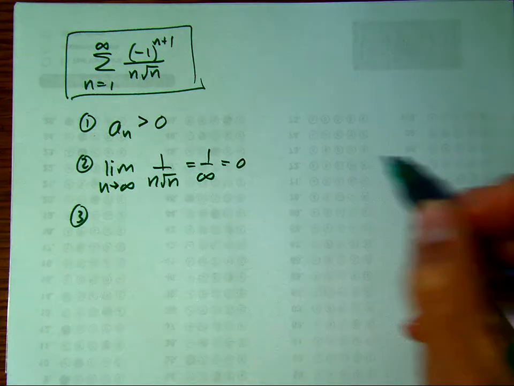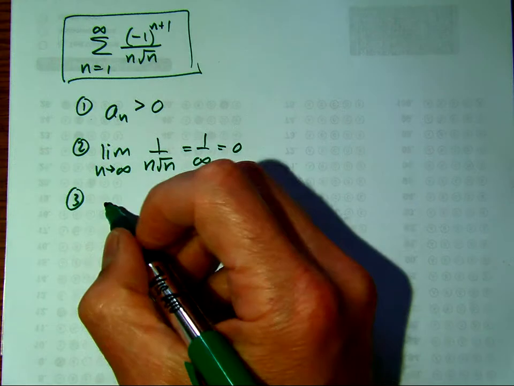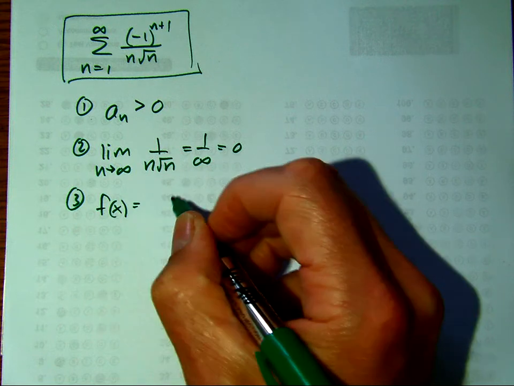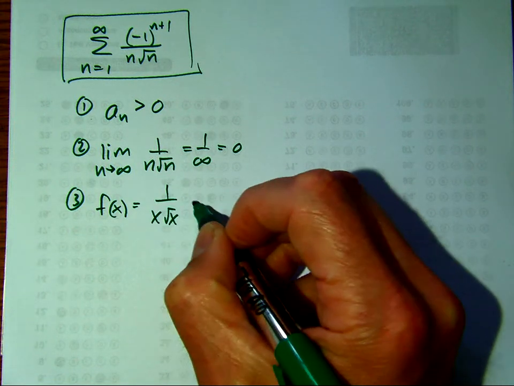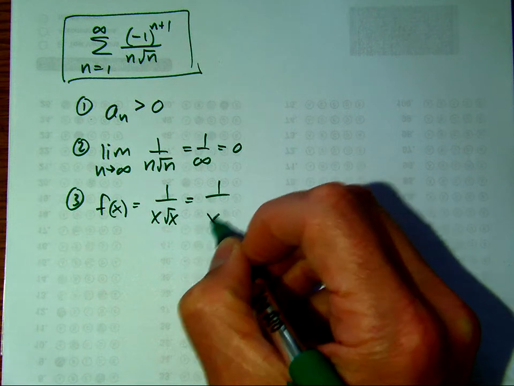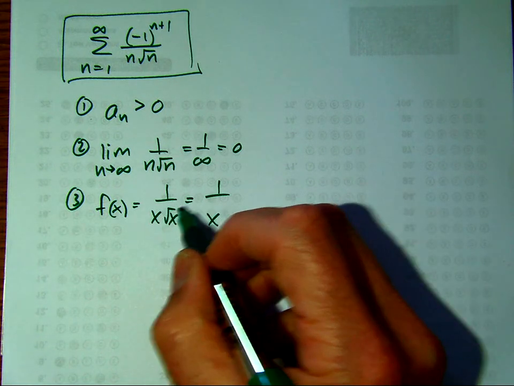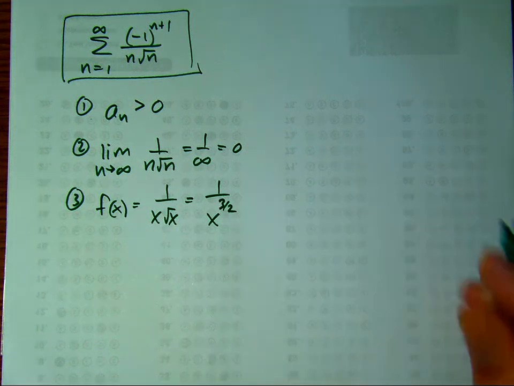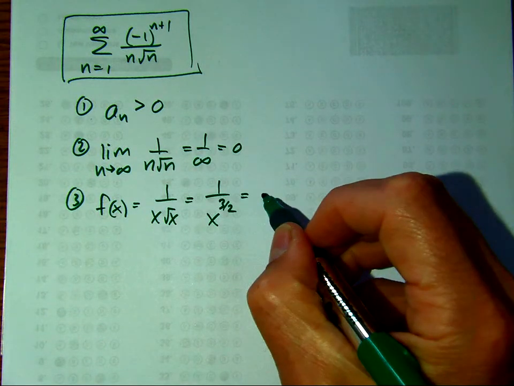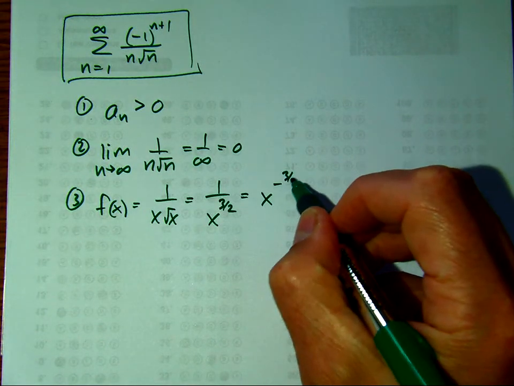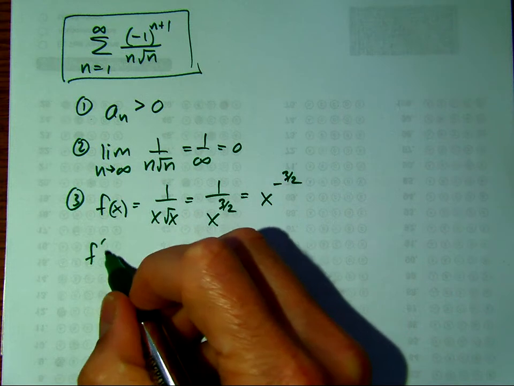Is the sequence decreasing? So we check 1 over x radical x. Let's write that as x to the 1, and that's x to the 1/2. So we have x to the 3/2. And then write it as -3/2, and we'll do the derivative.